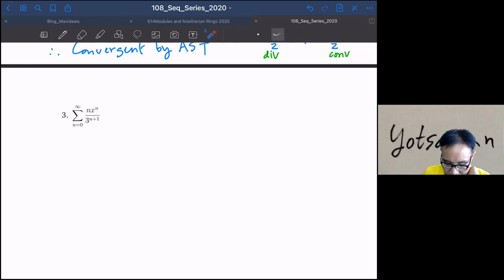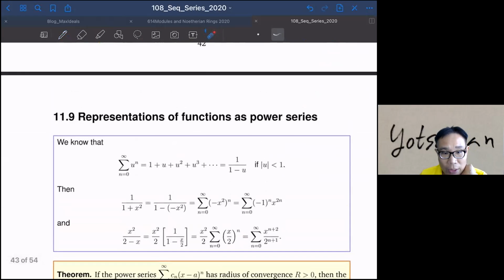The next one will be about the representation of functions as power series. We know that we have the series sum from n equal to 0 to infinity of u to the n equal to 1 plus u squared plus u cubed, and so on.